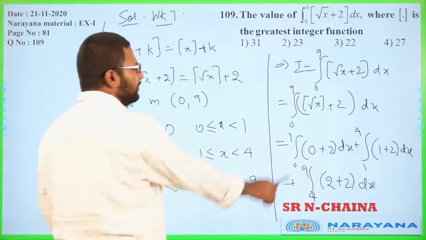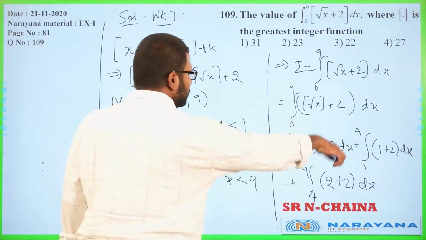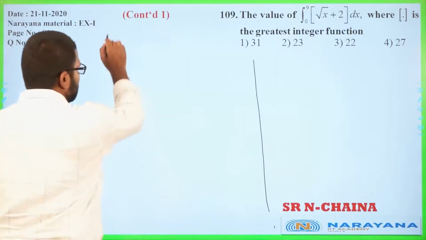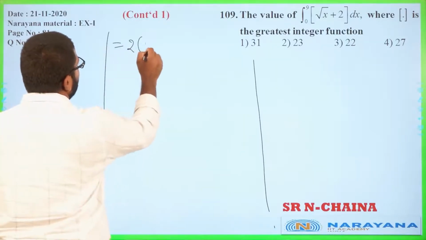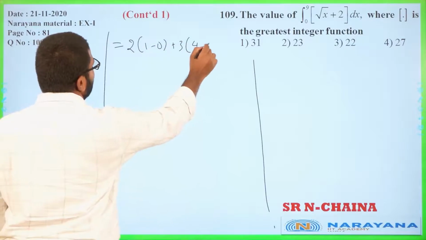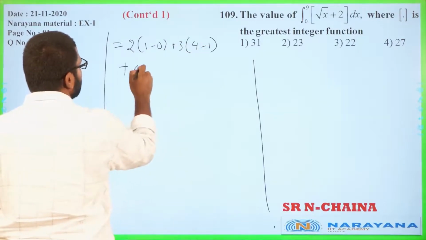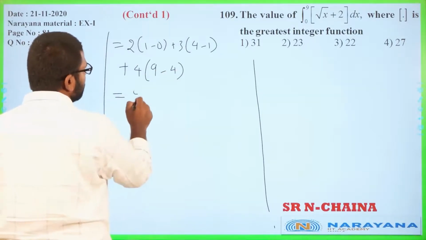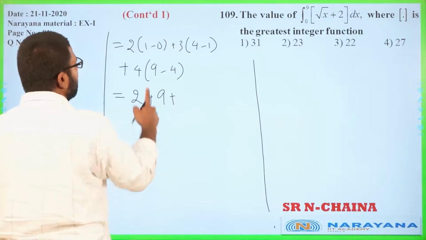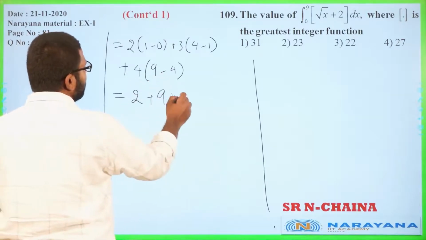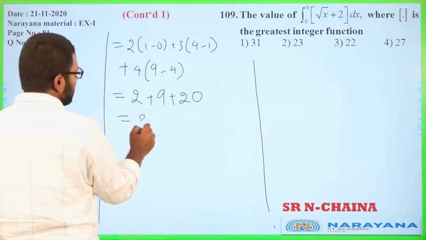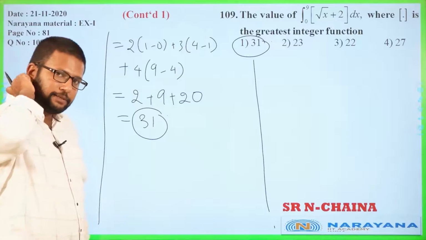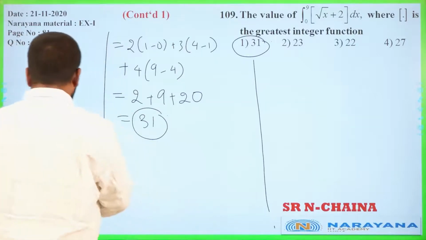Correct? So eventually we will have 2 into 1 minus 0, plus 3 into 4 minus 1, plus 4 into 9 minus 4. So 2 plus 9 plus 4 into 5, 20. 11 plus 20, 31. Got it? Okay. Alright, then let us proceed.